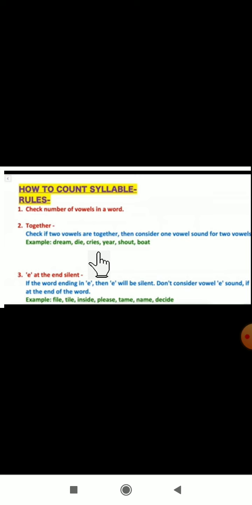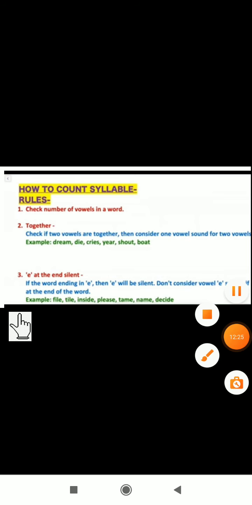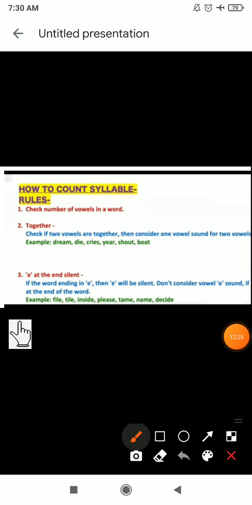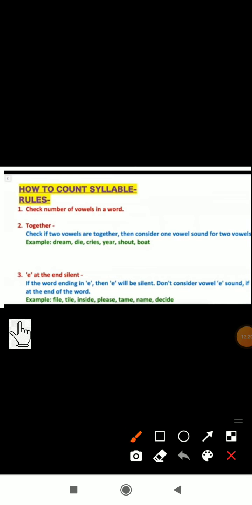Got it? How? See, I will explain with an example. Now here we will take one more example: file. So here the first word is file. Check it. How many vowels? First rule, check the number of vowels in the word. I and E. Got it? Next, are they together?